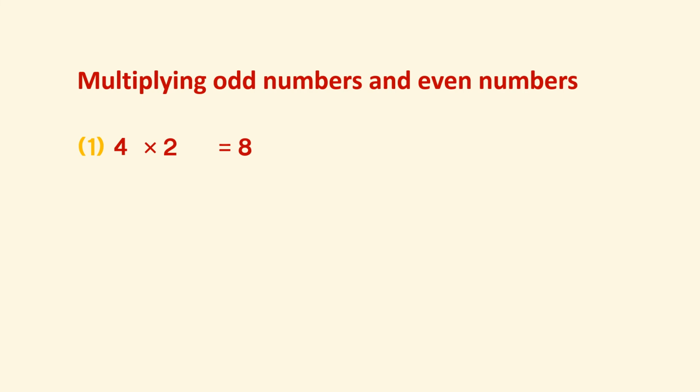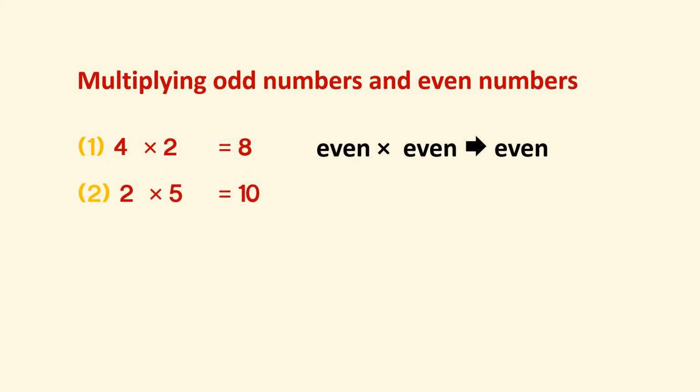4 multiplied by 2 equals 8. 4 is an even number, 2 is also an even number. The result is 8, that is also an even number. Therefore, I can say when you multiply two even numbers together, the result is an even number.